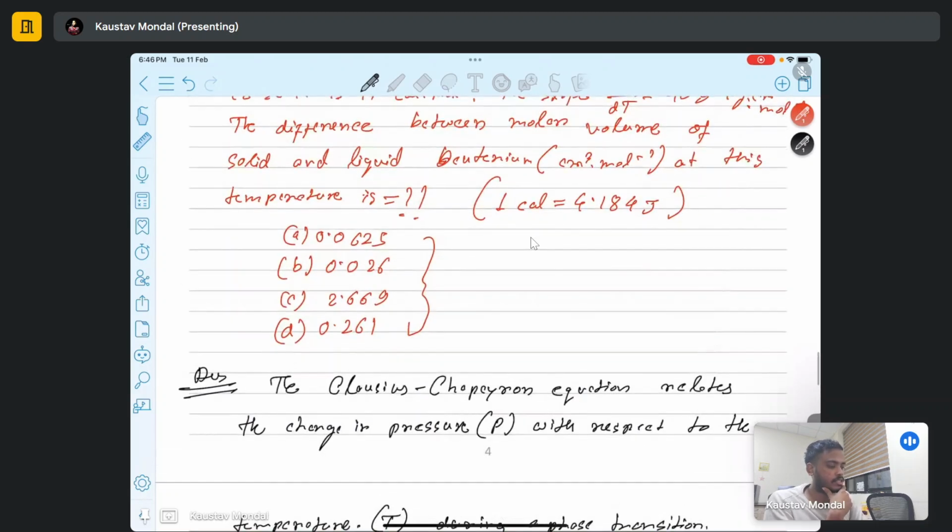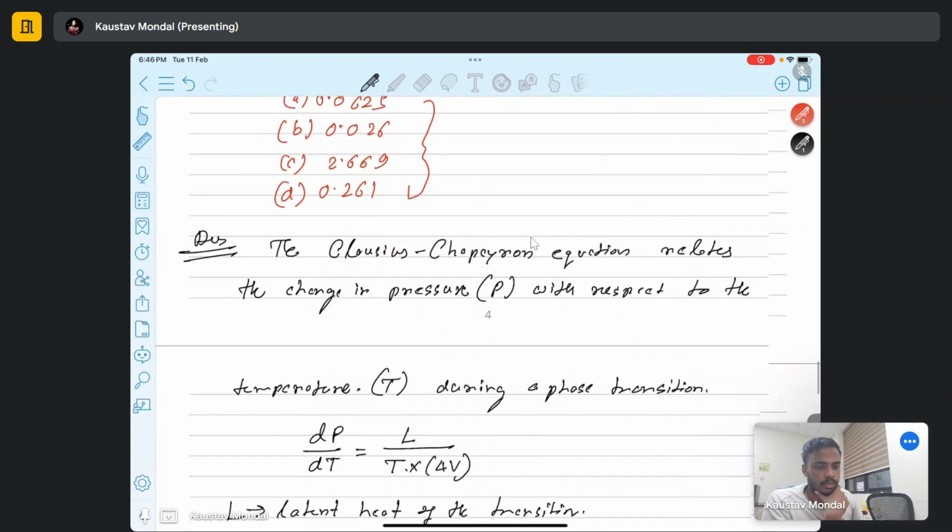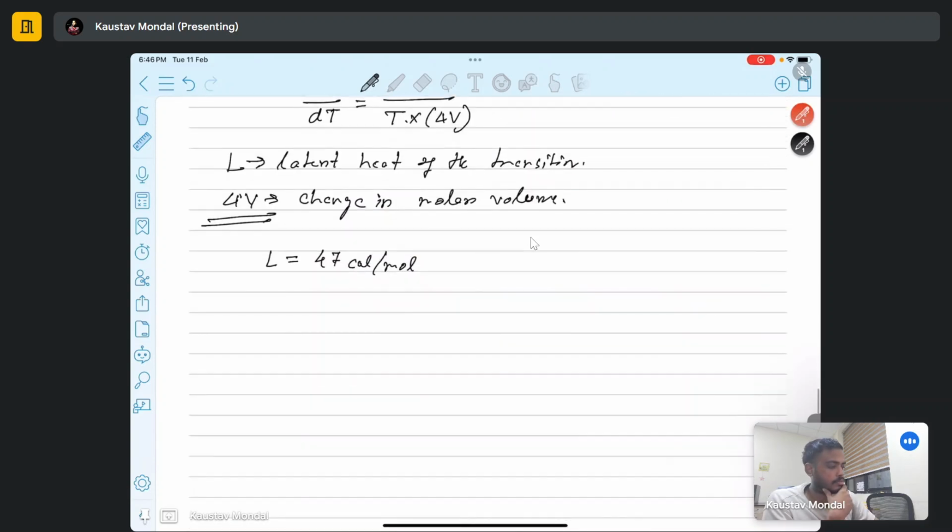That's why this conversion between calorie and joule is supplied in the problem. So this will be 47 into 4.184 joule per mole. If you multiply these two, this gives you 196.648 joule per mole. So this will be the latent heat in terms of joule.